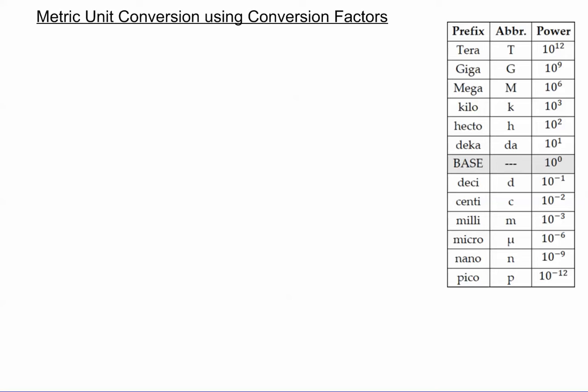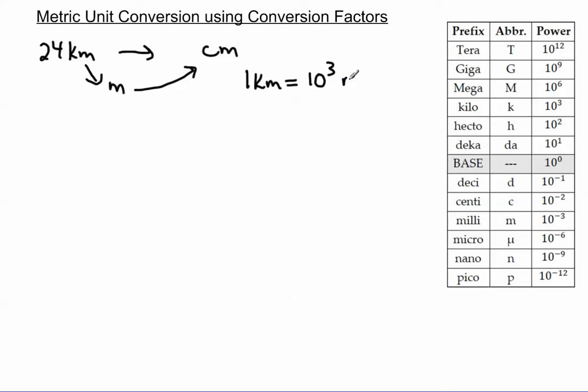So we'll start again with that 24 kilometers that we had before, only this time we're going to convert it to centimeters. So we have to take our kilometers, convert it to meters, and then we can convert it to centimeters. We do that by taking 1 kilometer is equal to 10 to the 3 meters, and 1 centimeter is 10 to the negative 2 meters.